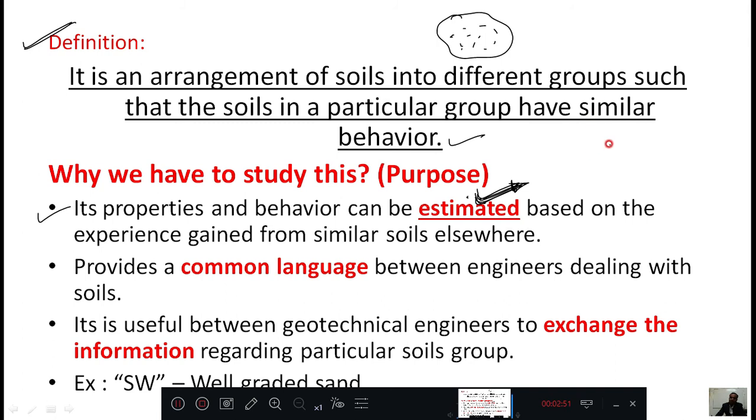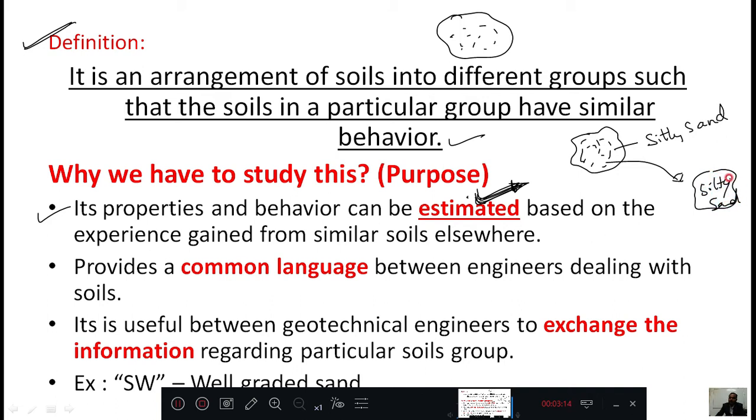For example, I am handling one project in America, and there I have gone through one particular soil. Let us consider that the soil name is a silty sand, and I dealt with this soil. After that I come to India and I get one more project, and here also I am dealing with a somewhat similar silty sand.